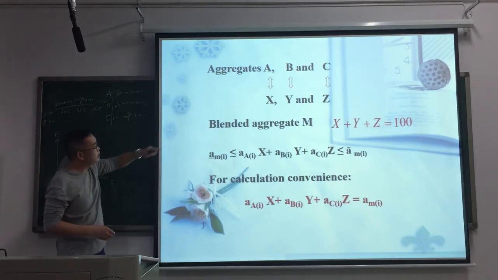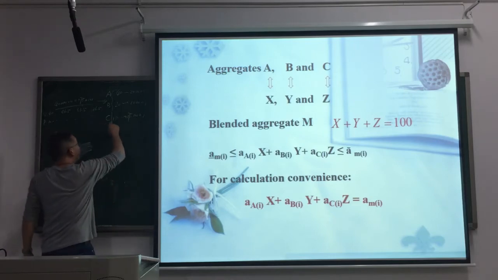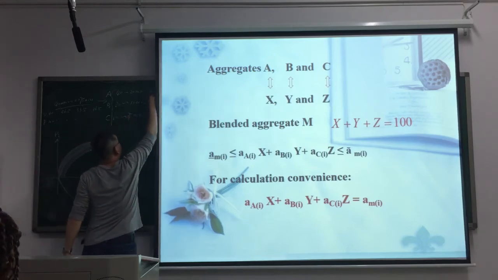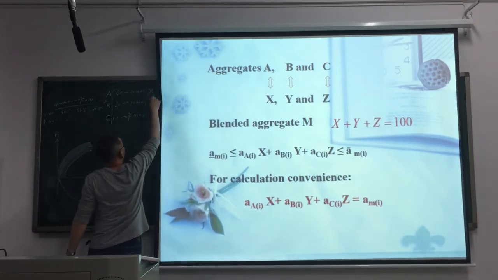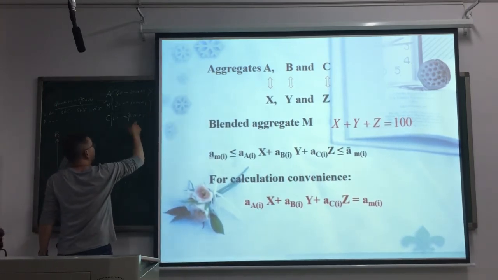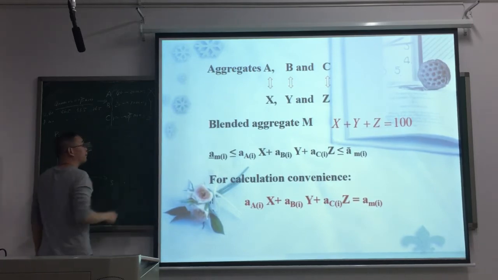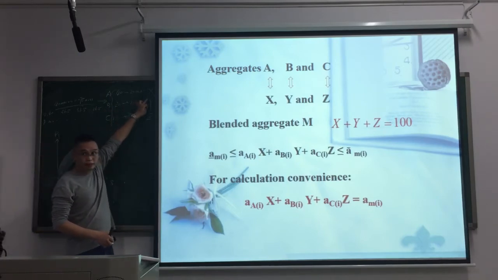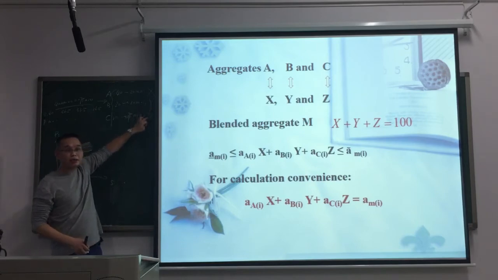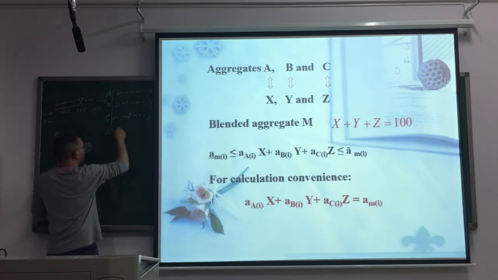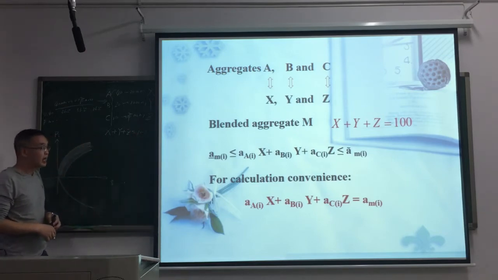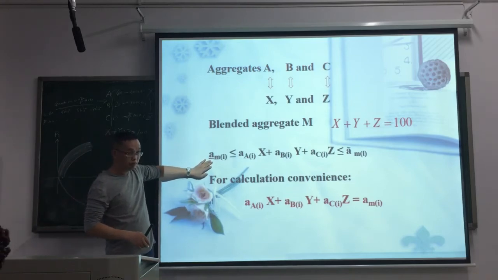The first one is we can propose the content of A is X, the content of B is Y, and the content of C is Z. So when we mix them together, X plus Y plus Z, how many? 100. Yes, 100.